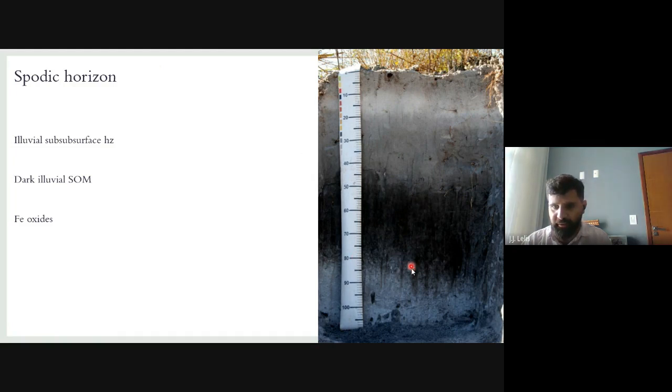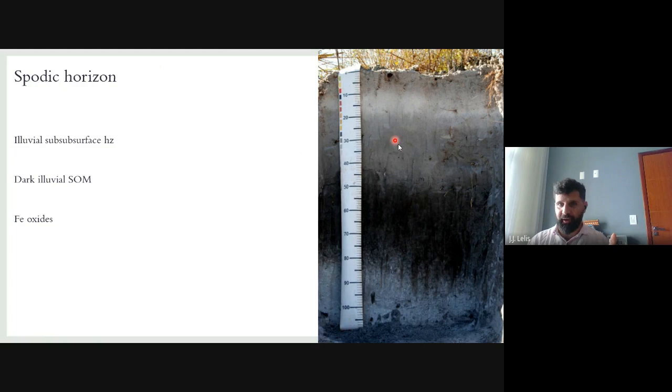45 and ends something like 80 centimeters. We have some tongues here, but let's see the average. Okay, it's something like 80 centimeters. So we have this horizon and this horizon. They both are spodic horizons. Probably this one is younger than this because this lost a lot of color.